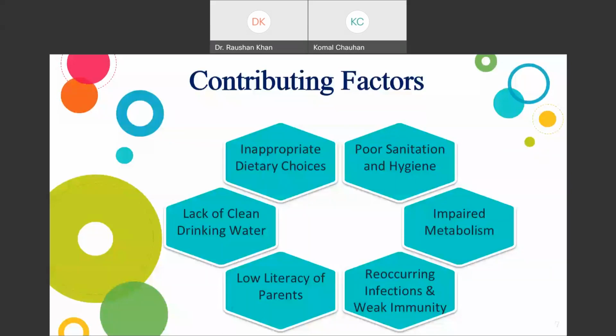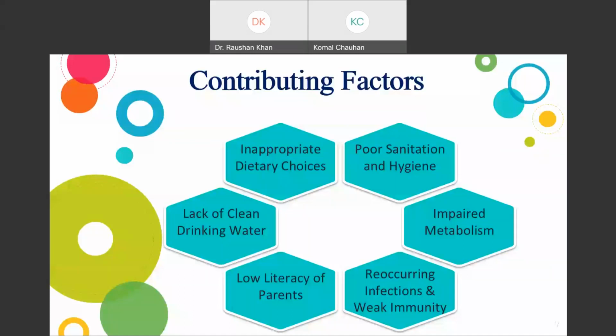Diseases such as celiac disease, in which there is gluten intolerance, or lactose intolerance can also lead to malnutrition, because if we are feeding cereals to the child, the child is not able to absorb gluten properly. Similarly with lactose intolerance, the child is not able to absorb milk properly, and thus the child can suffer from malnutrition.